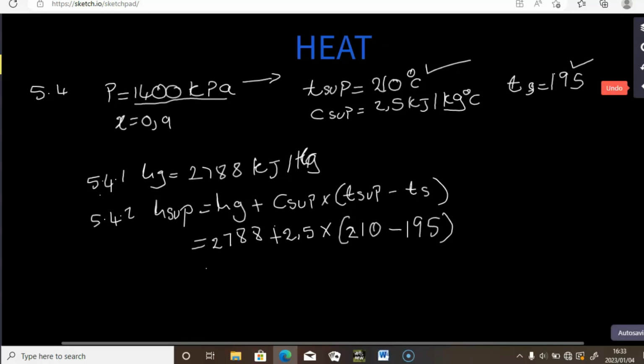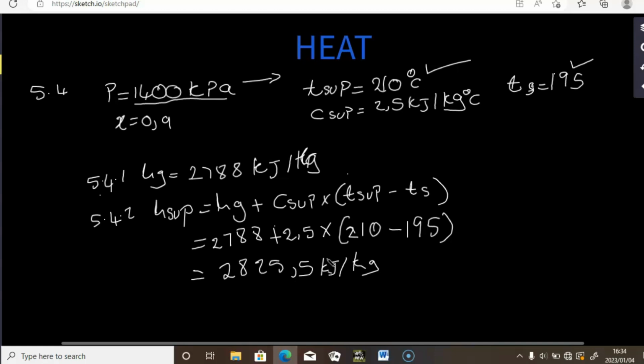So we are going to use the calculator here. I got that our answer is 2825.5, and the SI unit is kilojoules per kg.